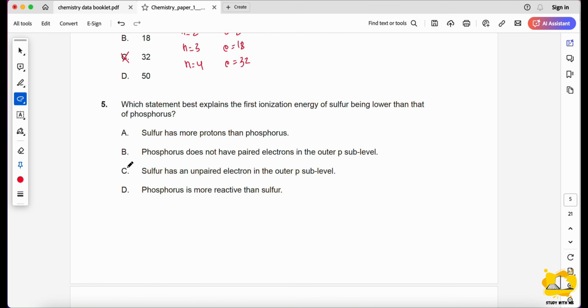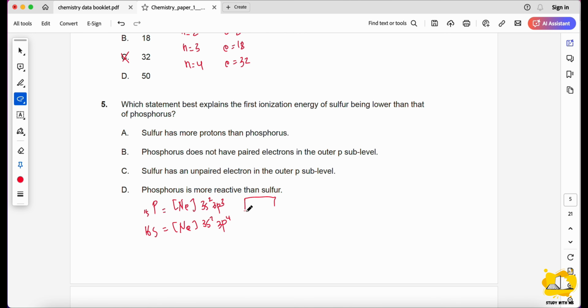Which statement best explains the first ionization energy of sulfur being lower than that of phosphorus? So let's see the electron configuration of phosphorus. The shorthand is 3s2 and 3p3. And for sulfur, it will be 3p4.